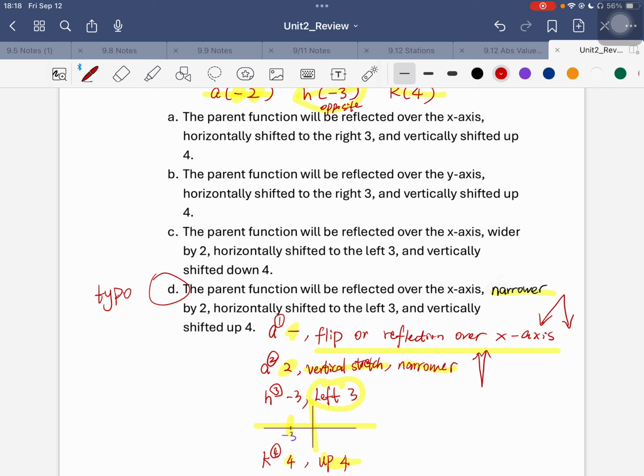B is wrong because it's saying the y-axis is wrong. A is wrong because we know it's left 3, and this is right 3, so it's wrong. C, let's look at C. It's left, but it's down and wider. That's wrong. So the only correct answer is D.